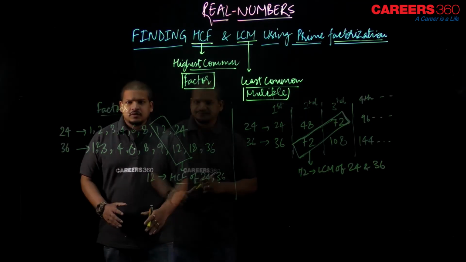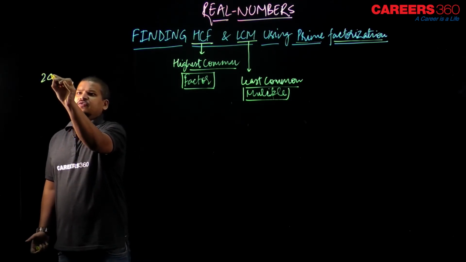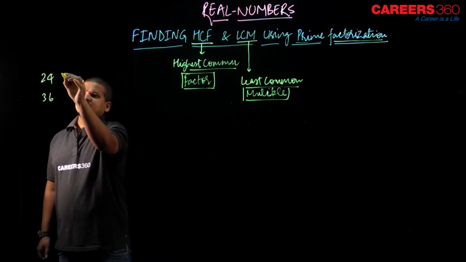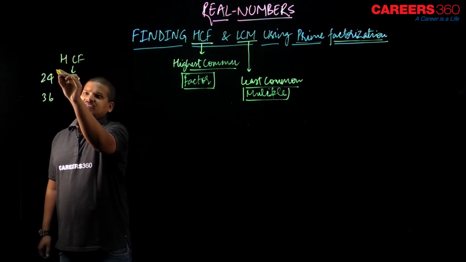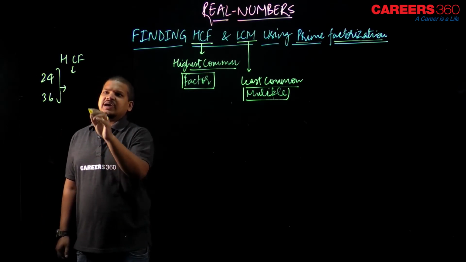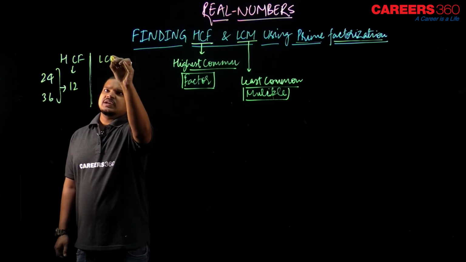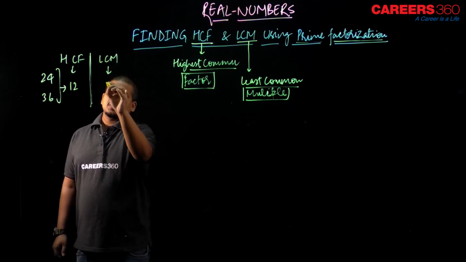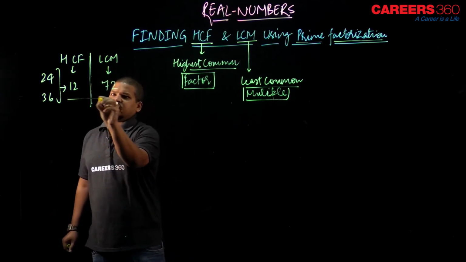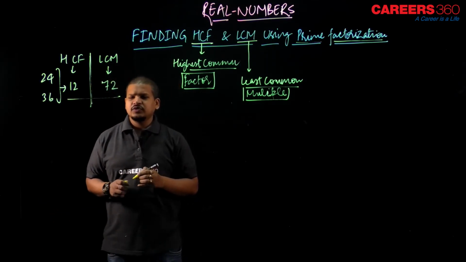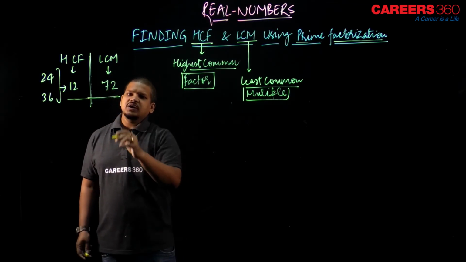Let's understand. As we discussed, we took two numbers 24 and 36. We found the HCF as 12 and the LCM as 72, right? This was what we got without doing much calculation, just by going straight with the definition.